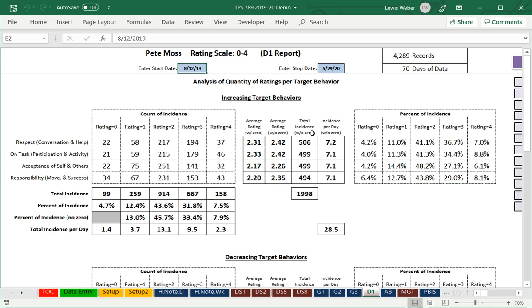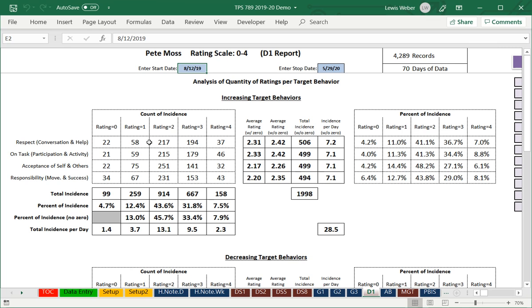Now, we can then look to see how many data points were recorded when Pete actually did something. And that shows here in this column. So 506 recording values were not zero, or said more positively, the total of these four categories is 506. And this tells us the incidents per day without the zero.